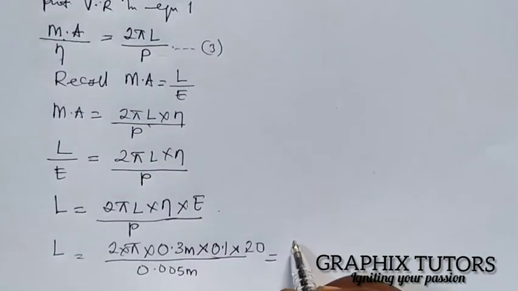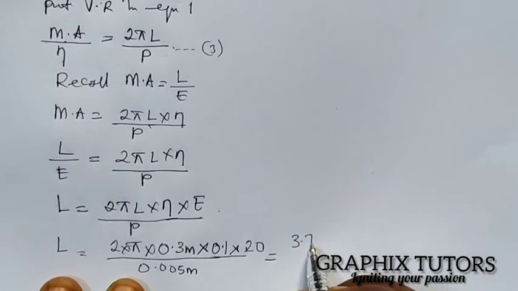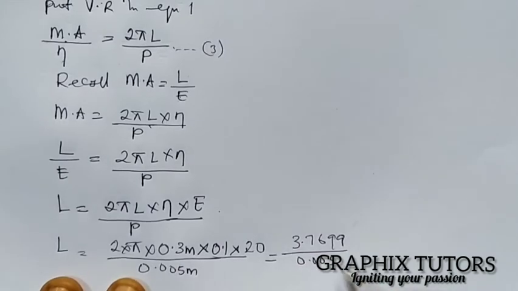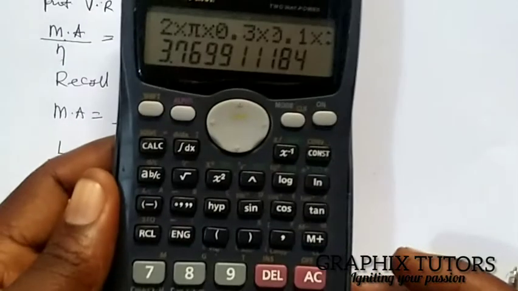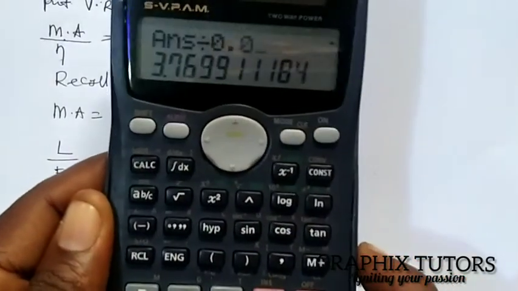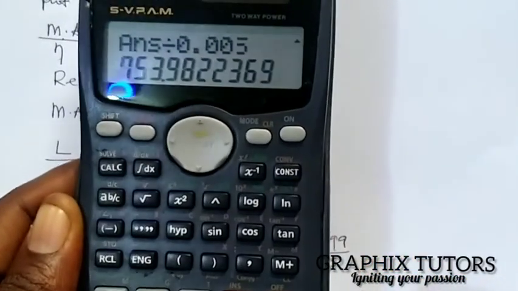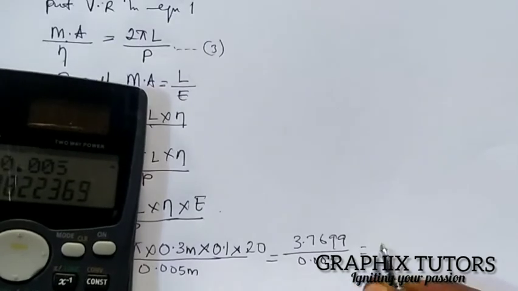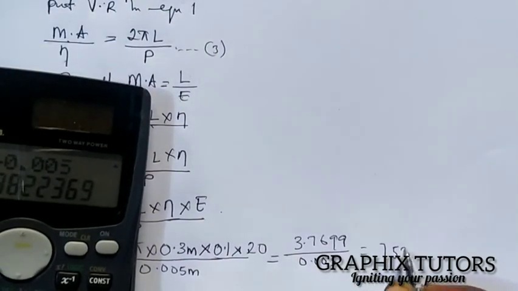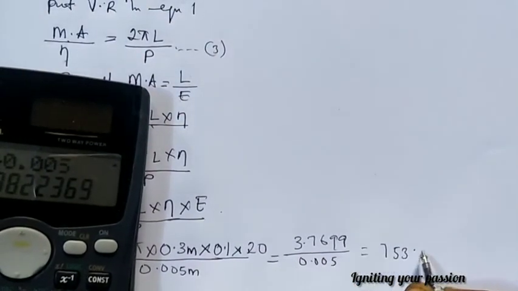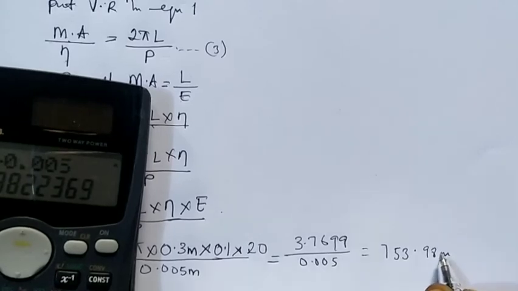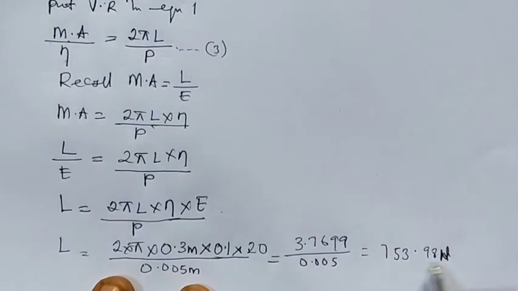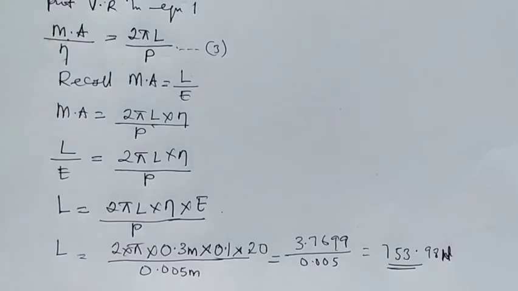So I'm having 3.7699 all over 0.005, so divided by 0.005, we're having 753.98 Newton. So that is the load that is applied.